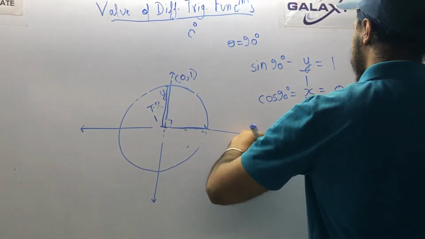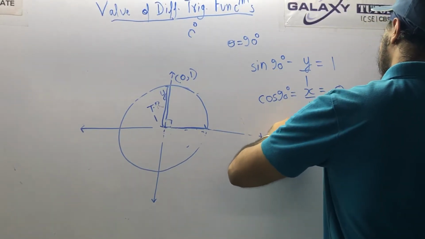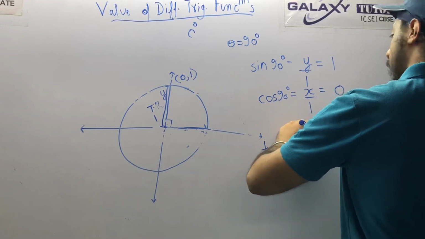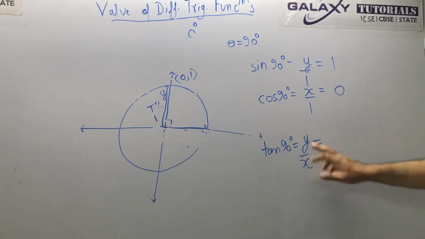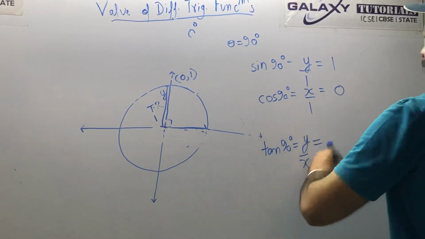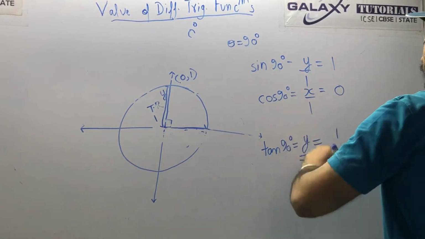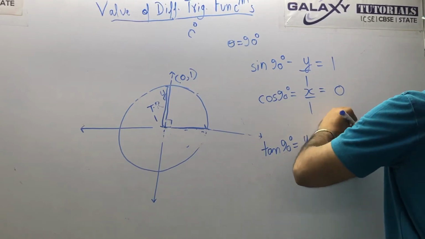And last but not the least, tan 90 is equal to y upon x. And y upon x is how much? Y upon x is not defined.